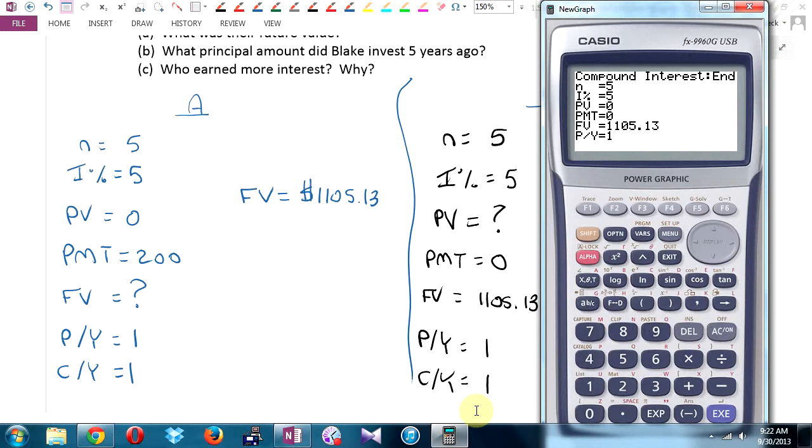Okay, so the calculator is saying you've got to put something there because I have to be able to crunch the numbers. Okay, fair enough. And 1. What do we want to find here? Present value. Do we get an error? Do we need to put a negative in? Oh, we get a negative back, but okay. We'll ignore the negative. It looks like Blake had to start with $865.90.